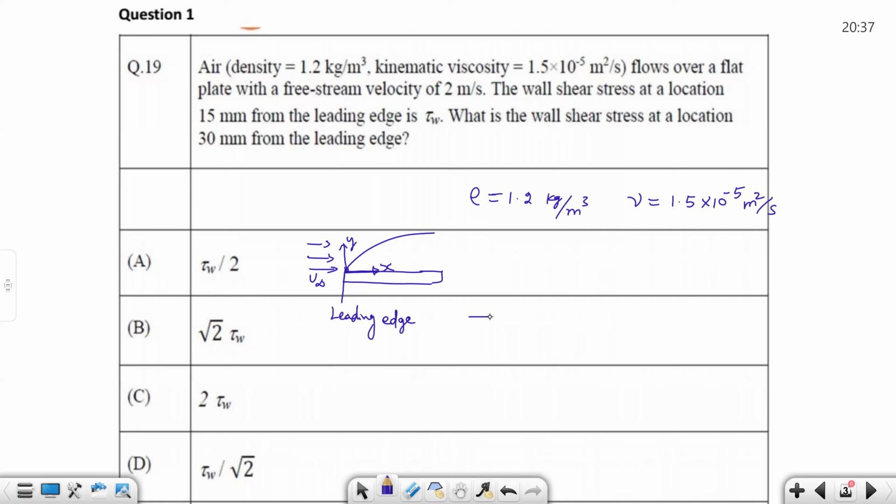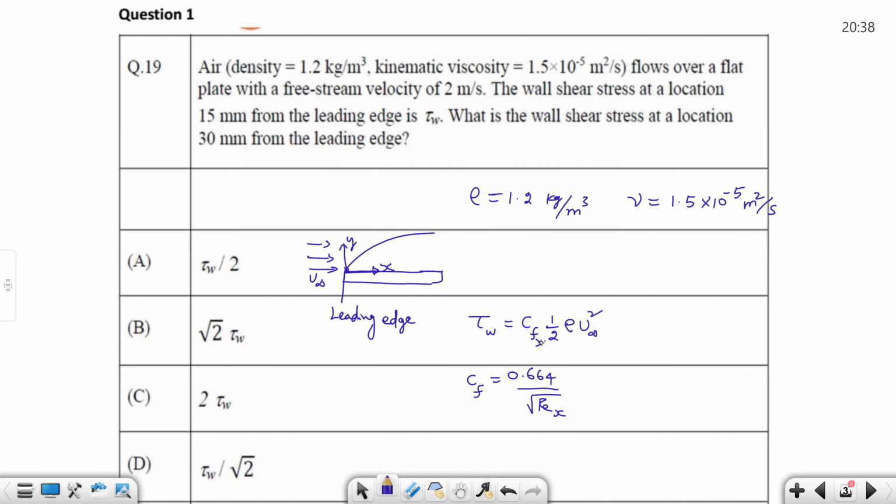So the wall shear stress is equal to the coefficient of friction times half rho u infinite square, at a distance x from the leading edge. We know that the coefficient of friction for flow over a plate for laminar flow is 0.664 by square root of Reynolds number x.